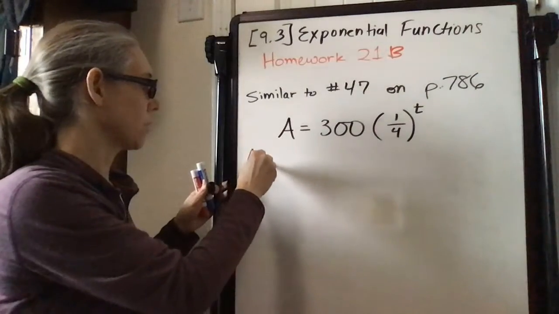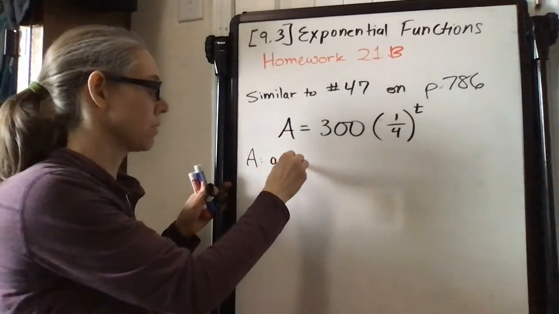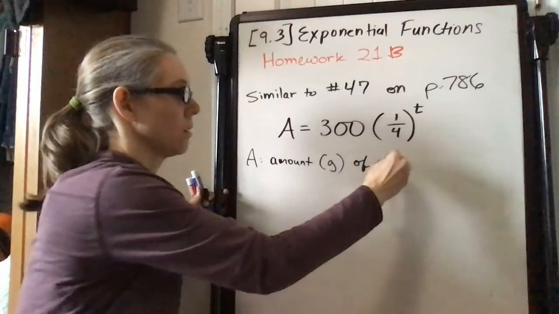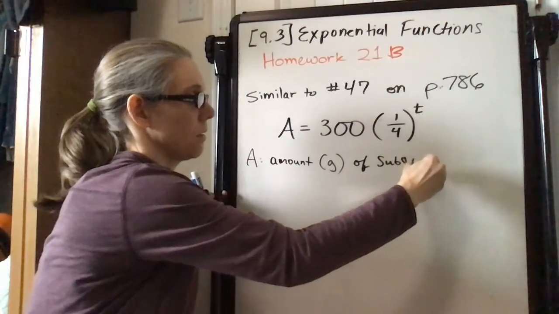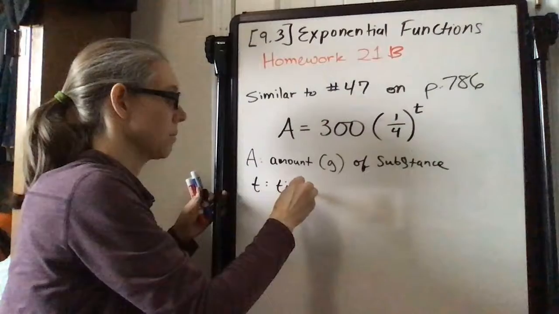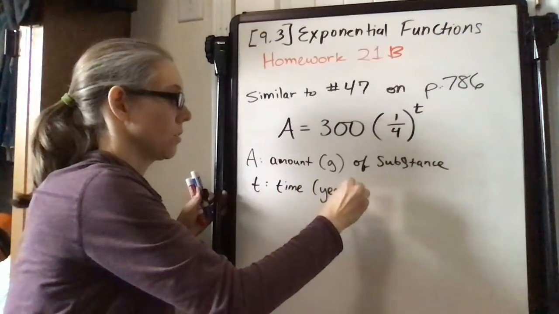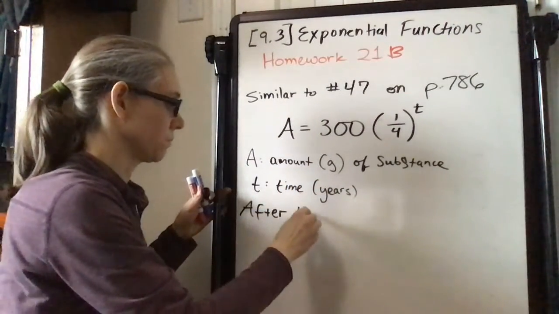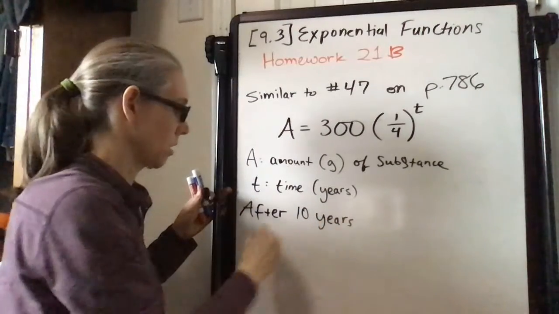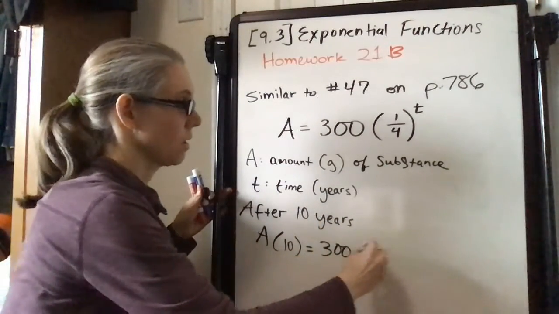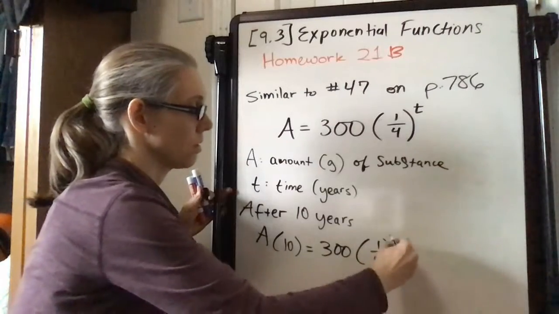Knowing that A represents the amount in grams of the substance, and in this case T represents time in years, you just have to plug in. After 10 years, you're going to look at A of 10, which would be 300 times 1/4 to the 10th power.